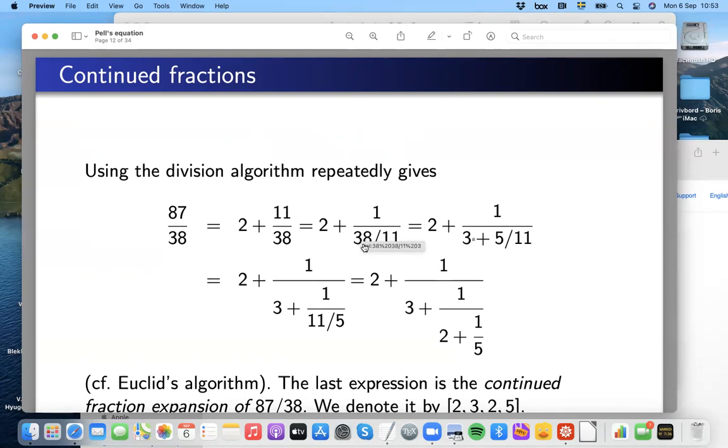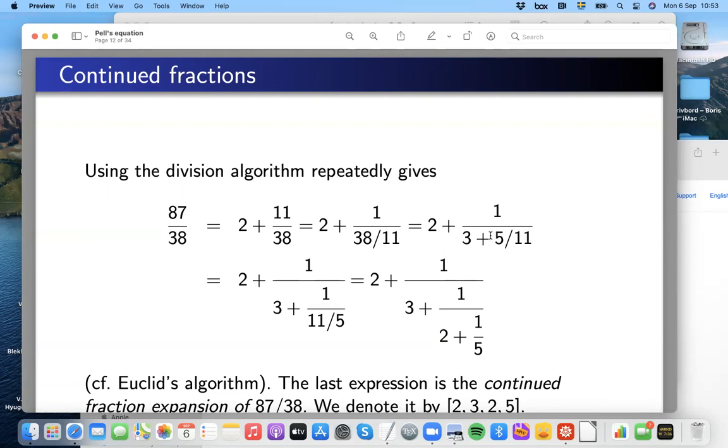And then you repeat your procedure, meaning that you split off the integer part of this, which would be 3. And then you get again the remainder. The remainder is a number which is smaller than 1. In this case it would be 5/11. And then you again invert it and continue. So you have this expression at this step and the remainder 5/11.